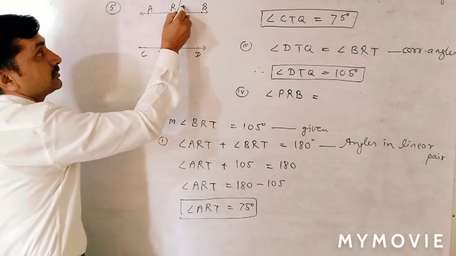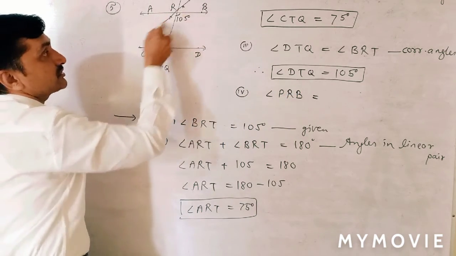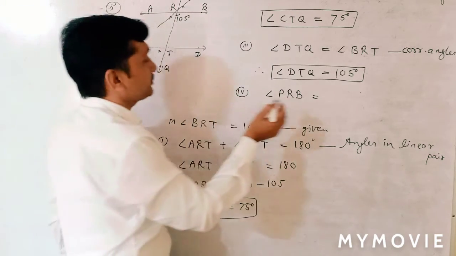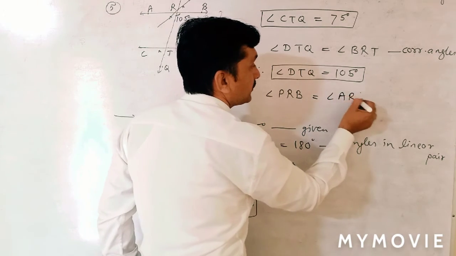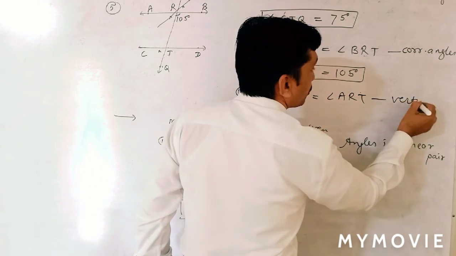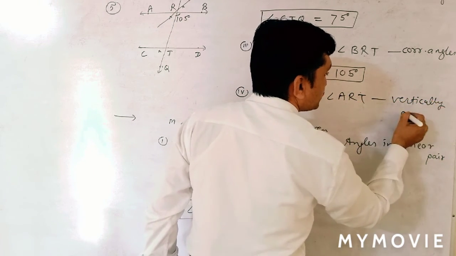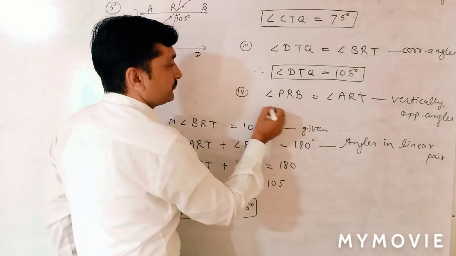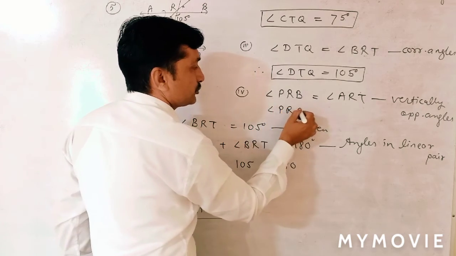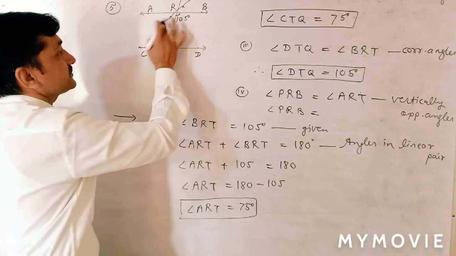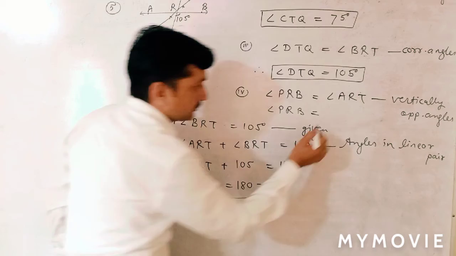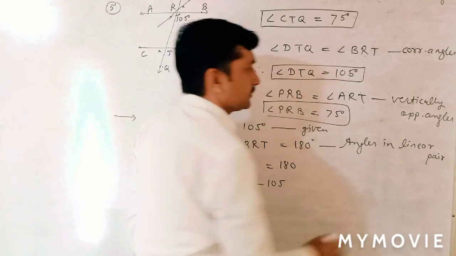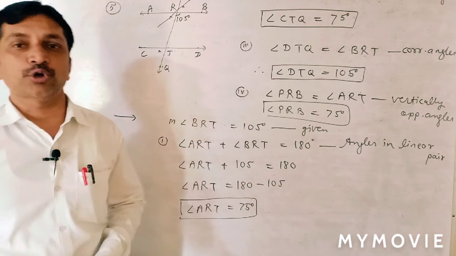Now PRB and ART, these are vertically opposite. Vertically opposite angles are congruent. Therefore PRB is equal to angle ART. And the reason here, vertically opposite angles. And ART we know, angle PRB is equal to ART, which is 75 degrees. In this way, we got all the angles.